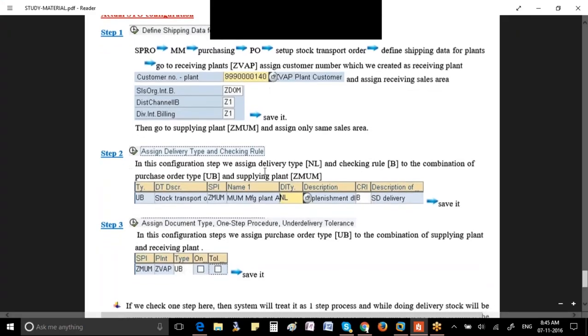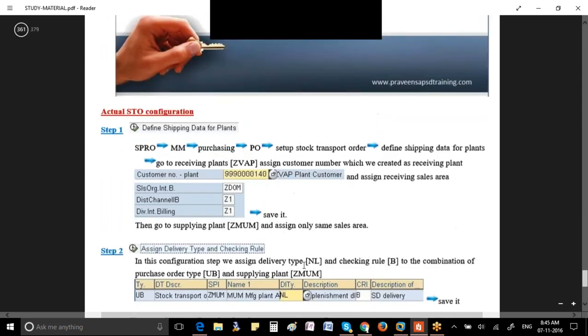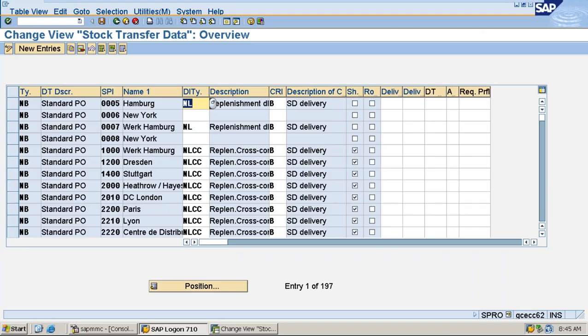Okay, in this configuration what you will be doing is assigning this delivery type NL. What we have done is assign checking rule B to the combination of purchase order type. It's not NB, it should be... for a standard STO purchase order, is it UB or NB? Yeah, it's UB, sorry. It is UB here.